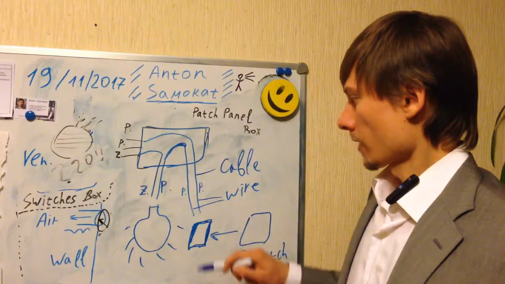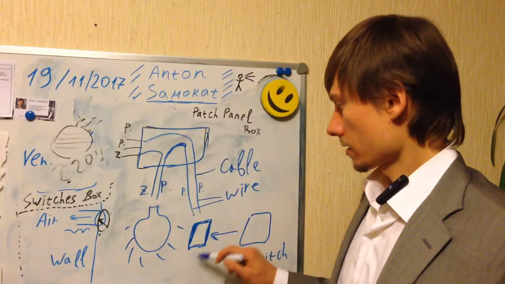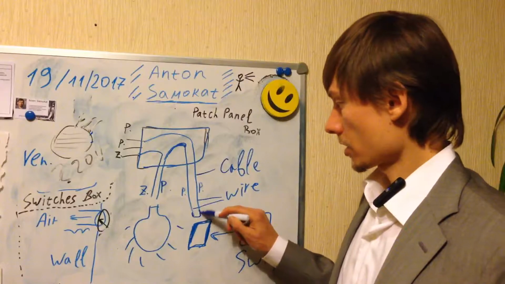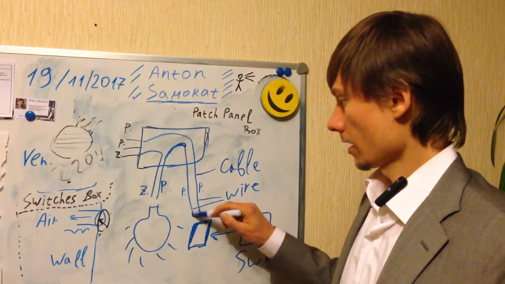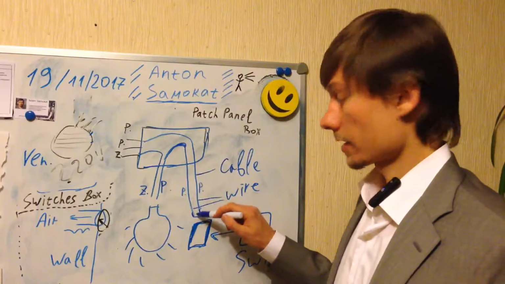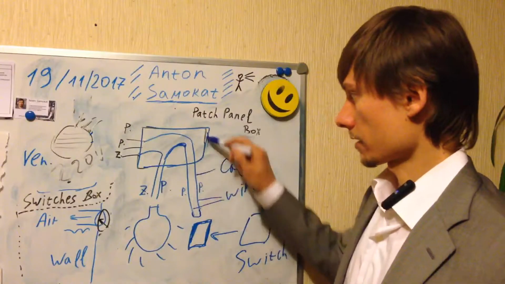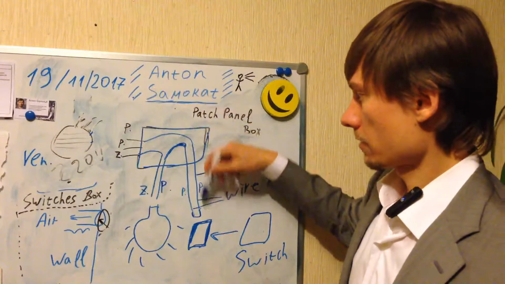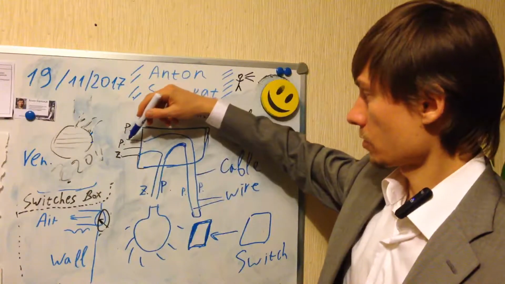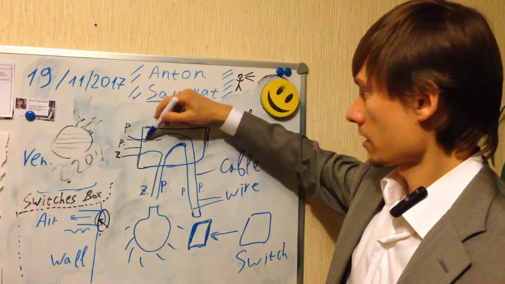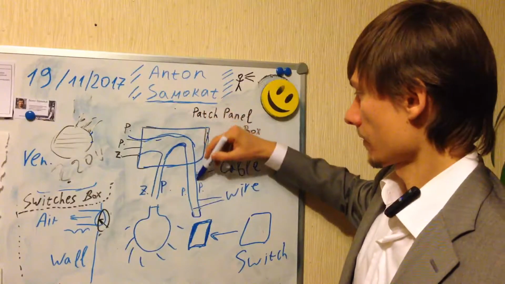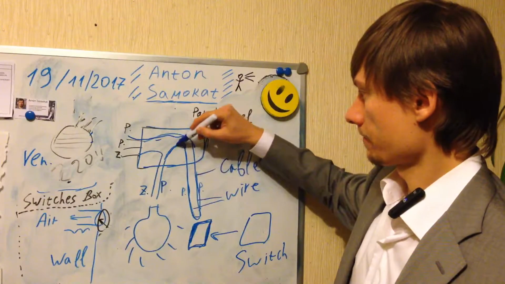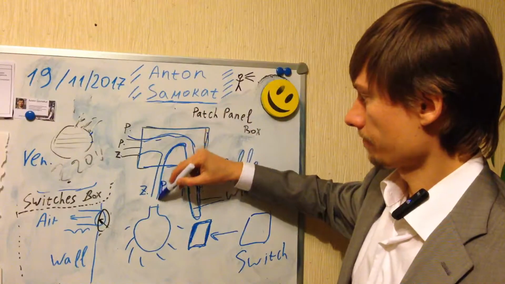And when the switch is on, these two phases are connected. So this is one phase wire with one phase that goes like this. The electricity goes like this, and this goes here to the lamp.